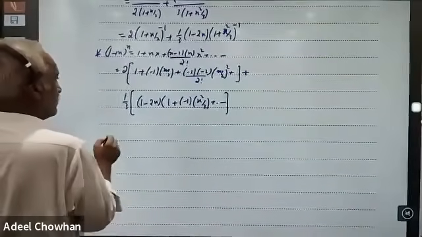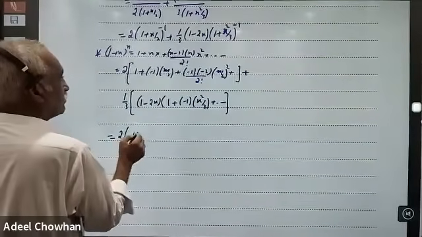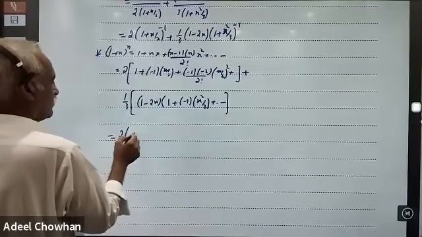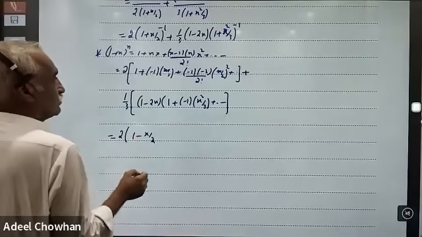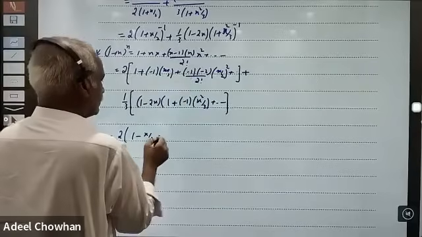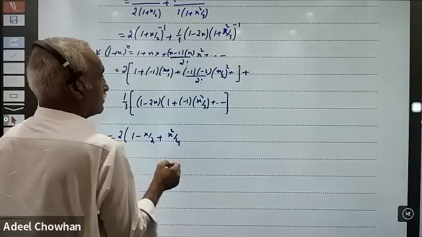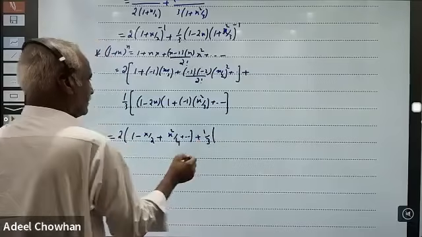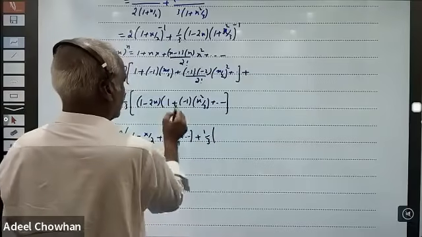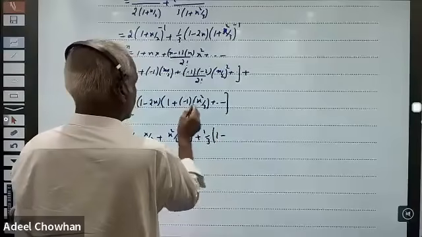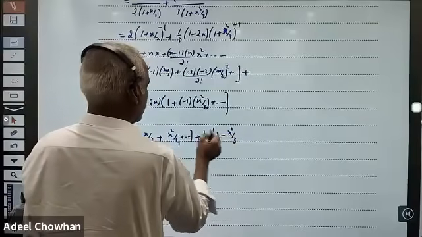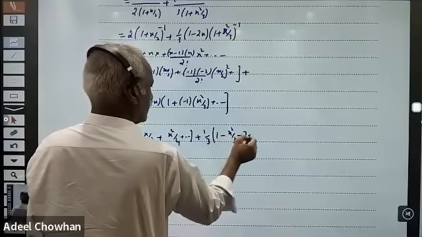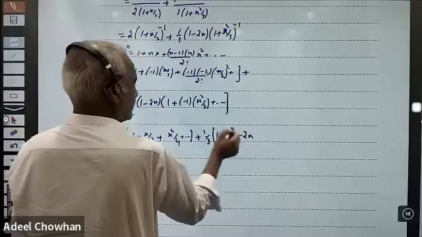So this will become equivalent to 2 into 1 minus x over 2, this 2 and 2 cancel, plus x square over 4, plus 1 over 3 into 1 minus x square over 3, then minus 2x, and into this power.